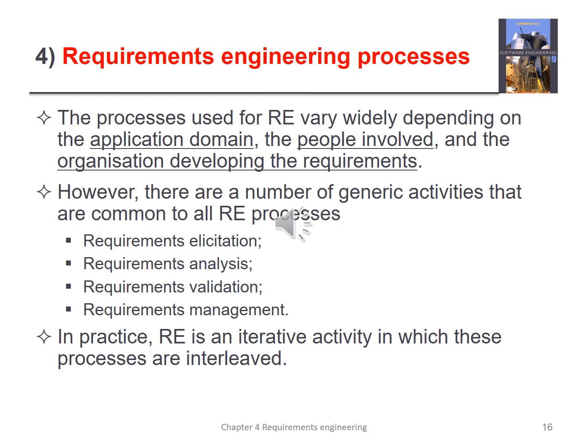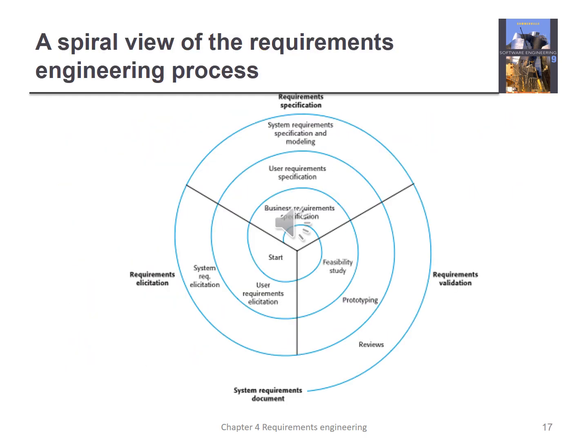Then we go to validation. When we validate some requirements, probably we find a problem, so we go back to elicitation and analysis. So they are interleaved, all the activities together. And this probably answers why or how these activities are interleaved.